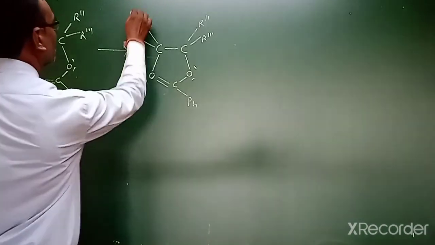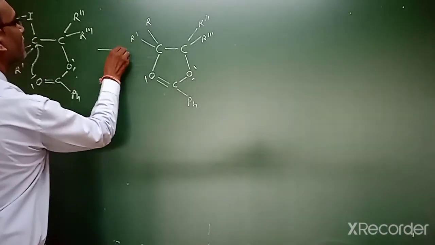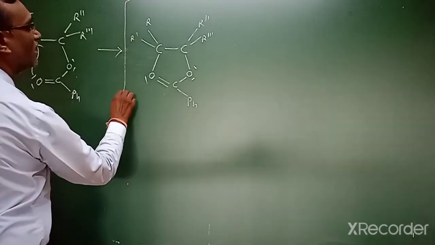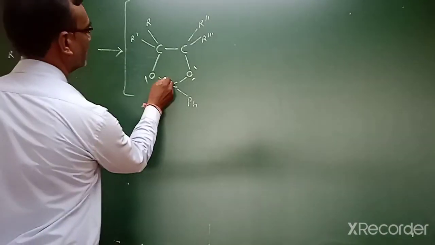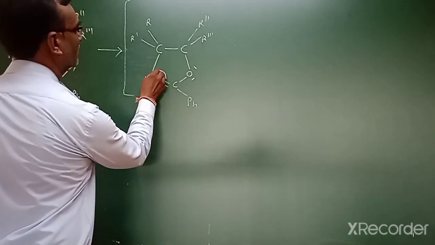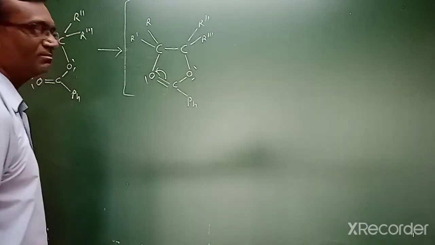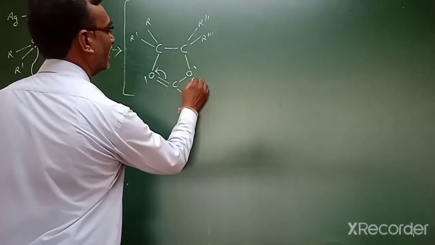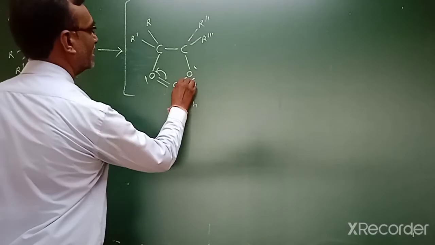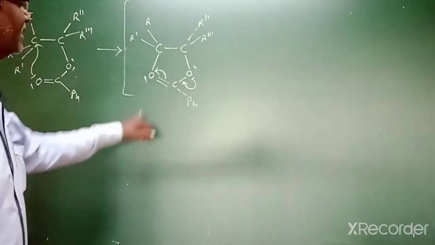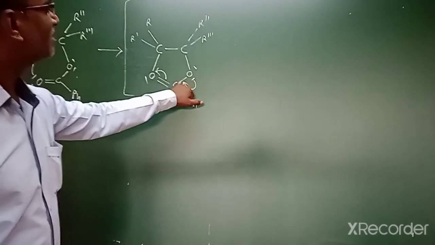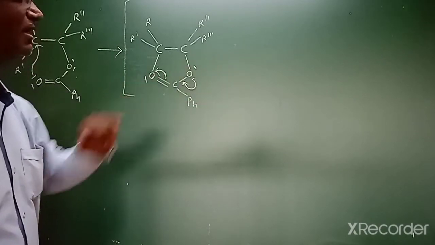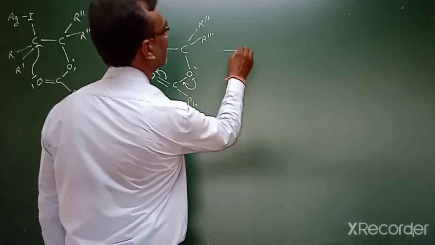This structure will now give rise to the formation of canonical structures. In this canonical structure, this electron will get transferred to oxygen, and this electron pair will get transferred to this carbon-oxygen bond. That means this carbon-oxygen double bond gets converted to a single bond, and this carbon-oxygen single bond gets converted into a double bond like this.